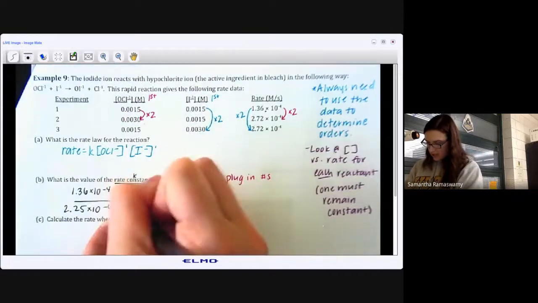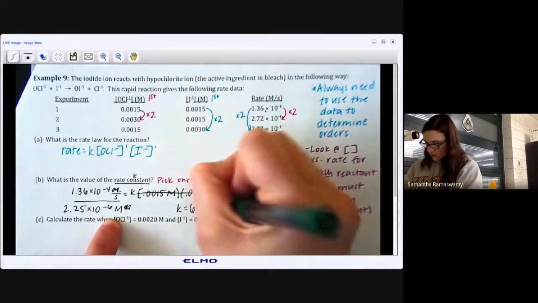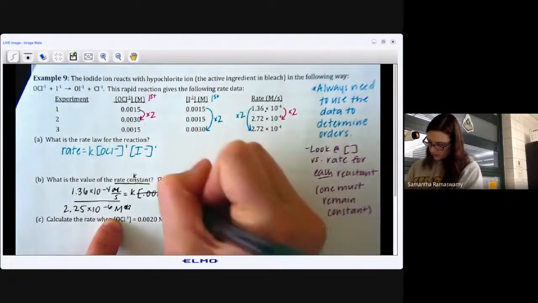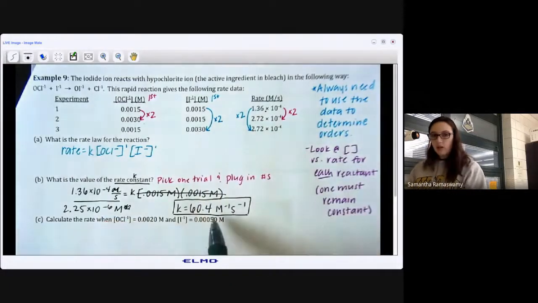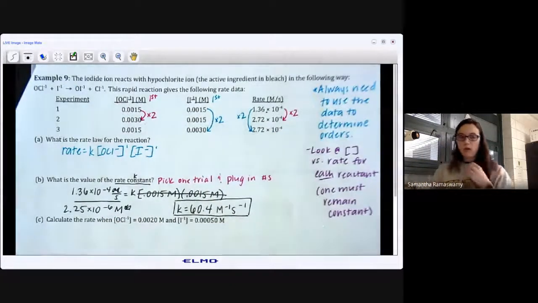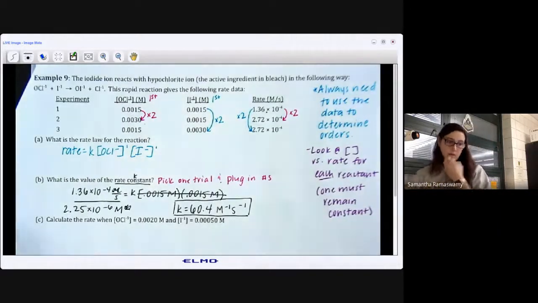One of the molarities cancels, so we have per molar per second. Notice how every time it's second order overall, our units are per molar per second. So whether you want to memorize if it's zero order, first order, second order overall, you can, or you can just plug in your values every time.